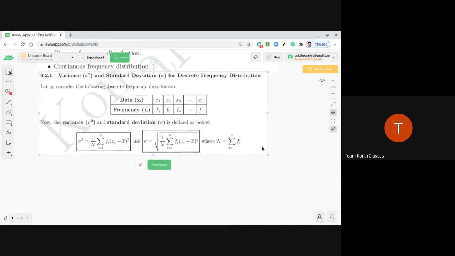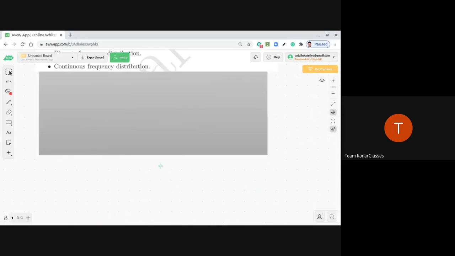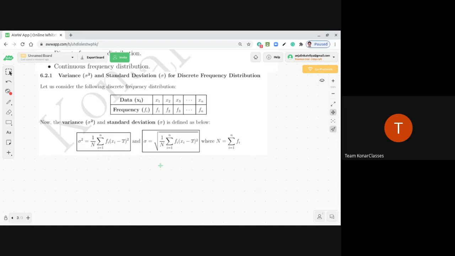All these portions, dear students, I took from our study material. So this is the way we compute the variance and standard deviation for discrete frequency distribution.